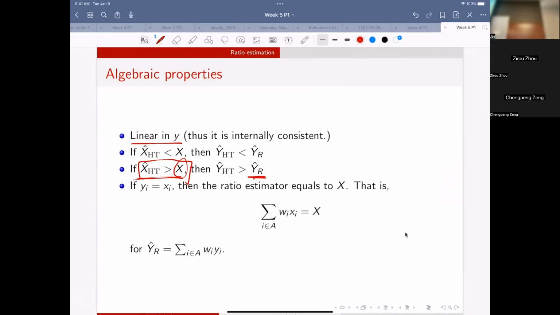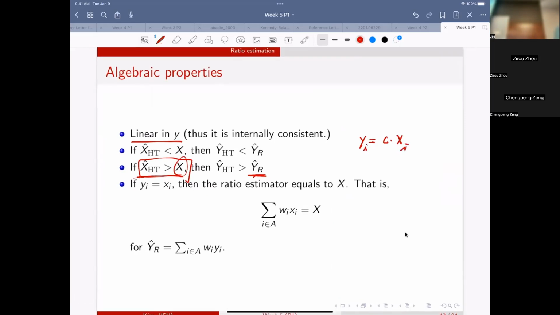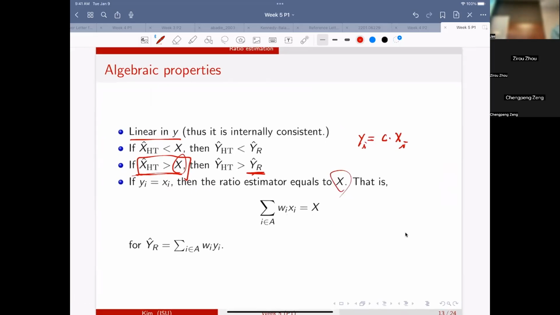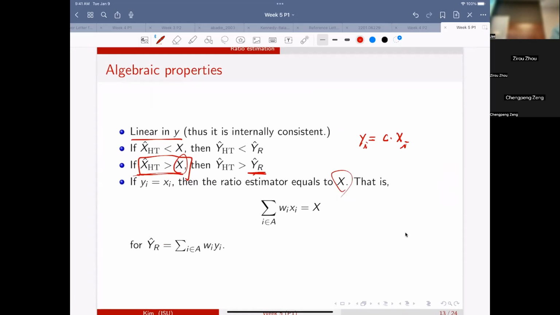And another interesting part is that if y is exactly equal to x, or even if y is c times x, then the ratio estimator of y equals the true y.